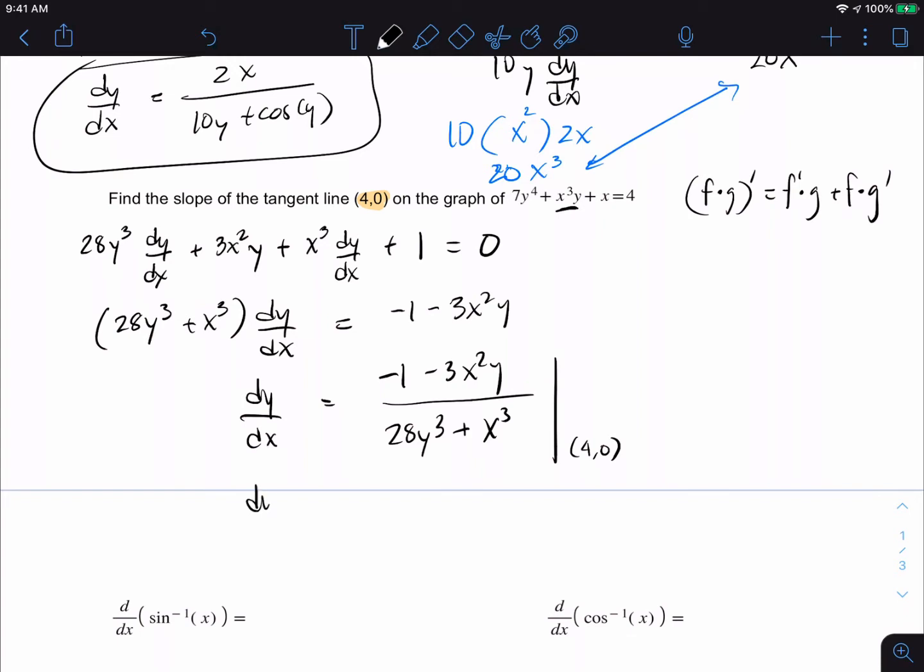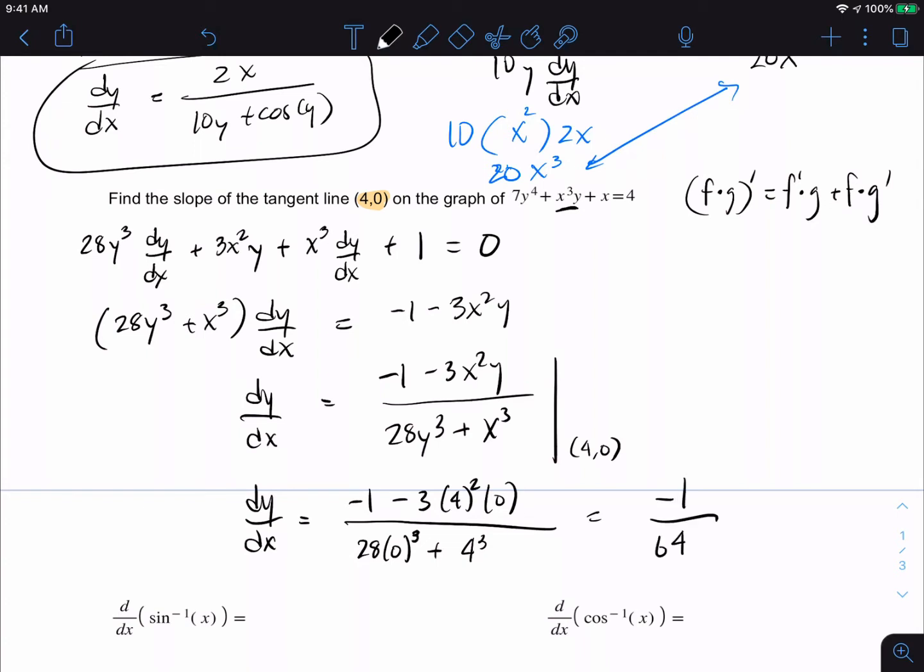So the slope is going to be negative 1 minus 3 times 4 squared times 0 over 28 times 0 cubed plus 4 cubed. And that's going to give me a negative 1 over 64. And that is the slope of the tangent line of this implicit crazy thing.